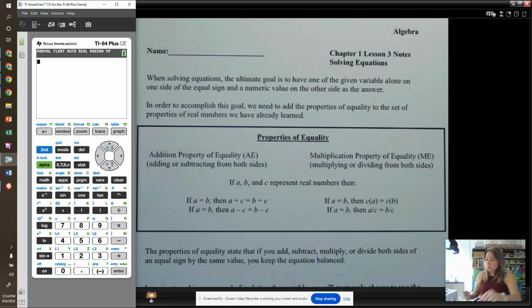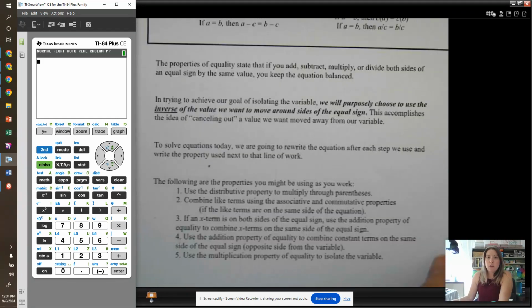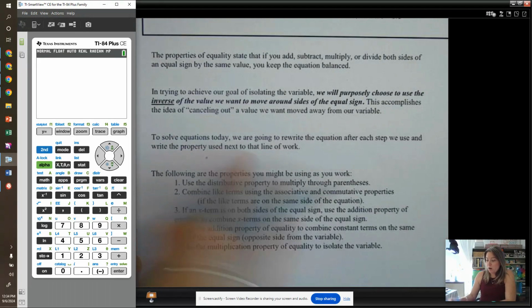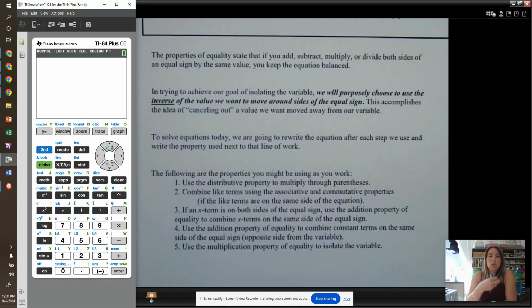Okay? So, when we are solving our equations, the things that we are trying to do: we are clearing any parentheses that we may have using the distributive property. We are combining any like terms that we may have using the associative property and sometimes the commutative property to switch our order.